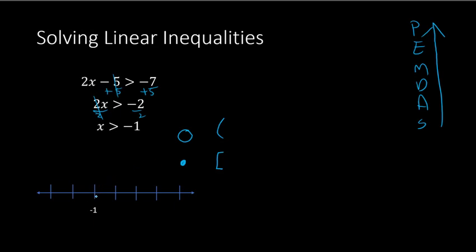So here, instead of an open circle at negative 1, we can put a parenthesis right here at negative 1, and then you shade in to the right because that is where the numbers are bigger or greater than negative 1. It's the same thing you've learned in the past, except here we're using the parenthesis or bracket in place of the open or closed circle.